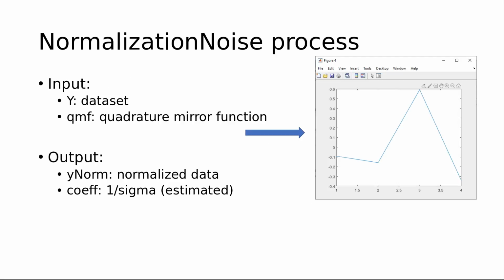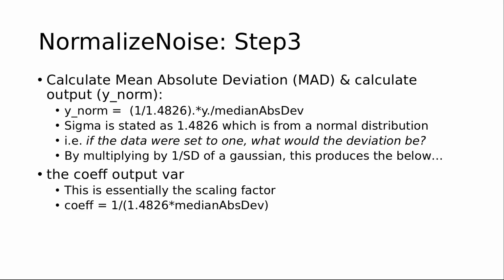So I mentioned I'm not going to touch on the quadrature mirror function, but I want to show you what it is. This is it on the right. That's your input. The output is going to be the normalized data and that coefficient that I mentioned. Just to show you that calculation, when you do the y norm, it's going to be 1 divided by that Gaussian coefficient, multiplied by the data divided by this mean absolute deviation.